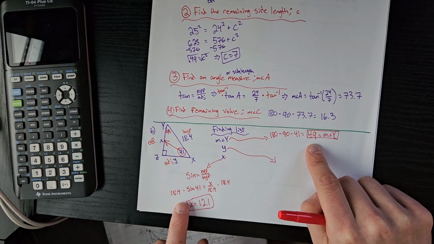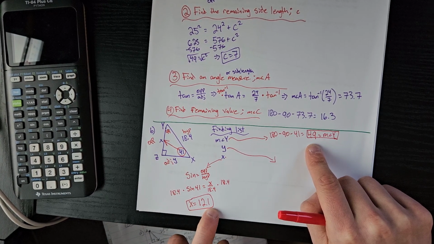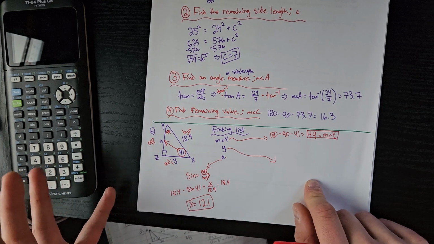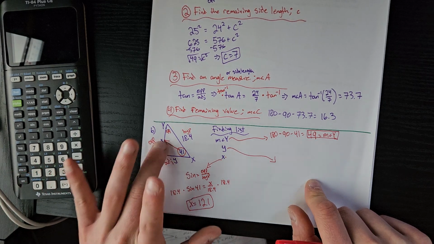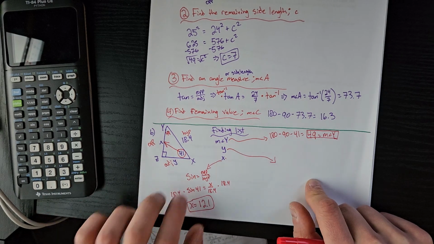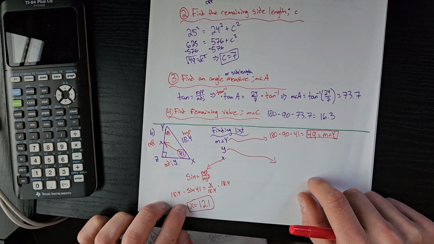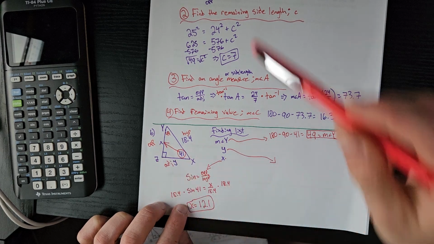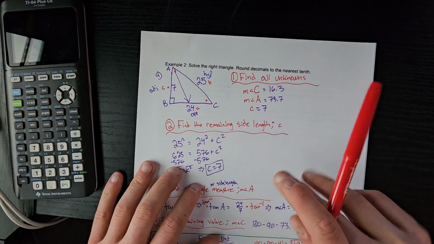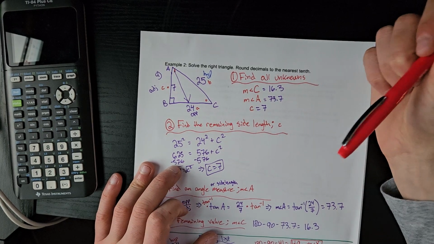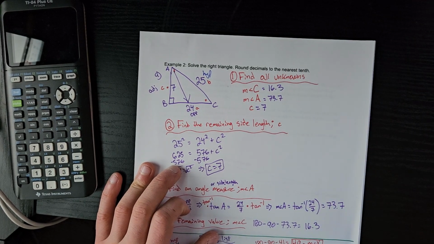So I would recommend always using only the given information to find out what these are. Do not use 12.1 to find out what y is. You could do tangent, but I would probably mark it wrong because of the rounding. So I would just stick with using what is given. Now in the case of up here, just be careful.